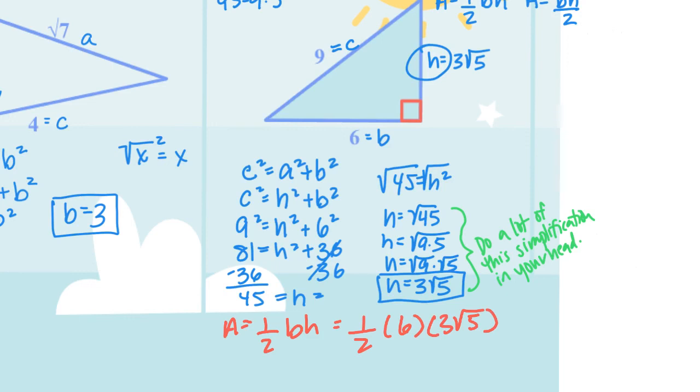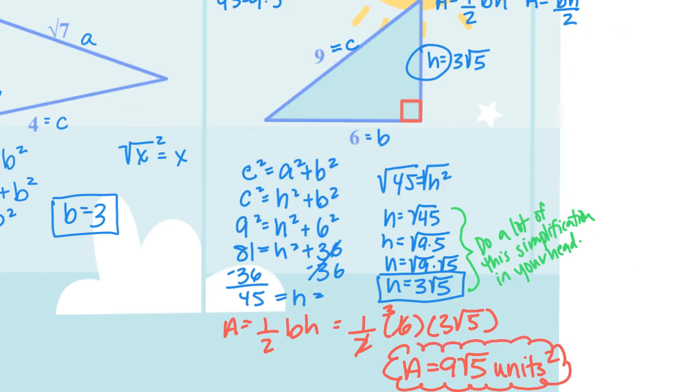And now we can just simplify. 2 goes into 6 3 times. So the area equals 3 times 3, which is 9 square roots of 5. And we don't have any units, so this would be units squared. And that is the area of the triangle.